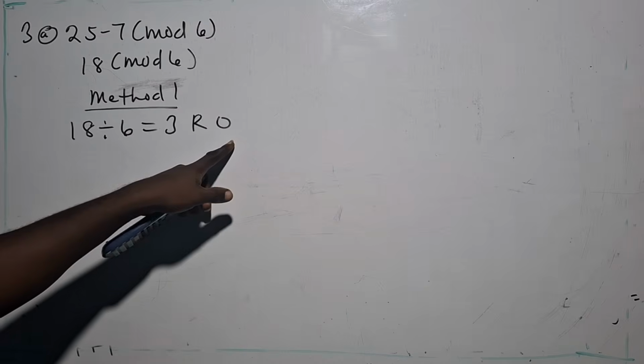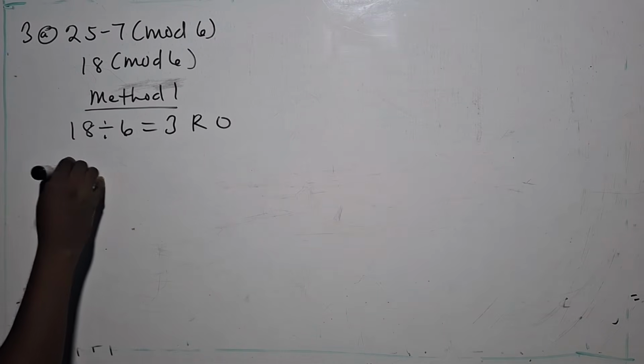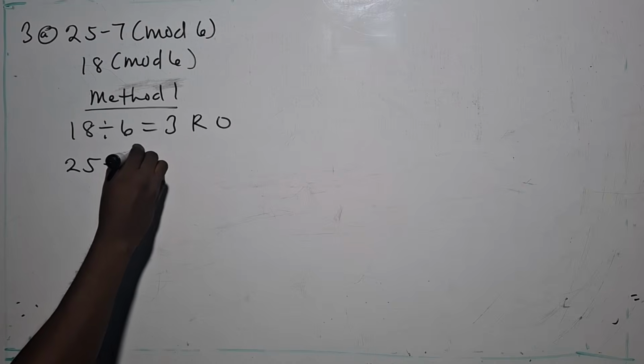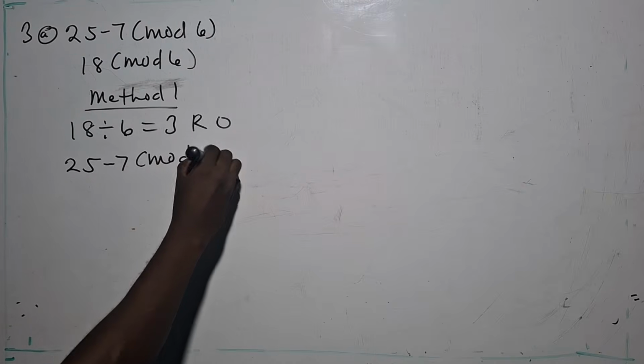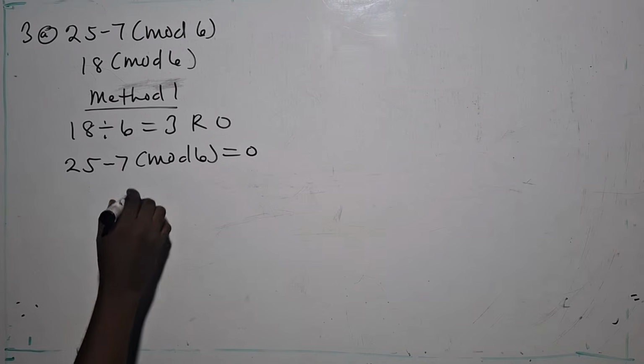And we pick the remainder as the answer. So we have 25 minus 7 mod 6 equal to 0 as our answer in method 1. So let's use method 2.